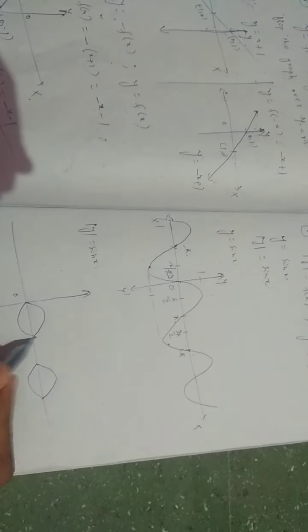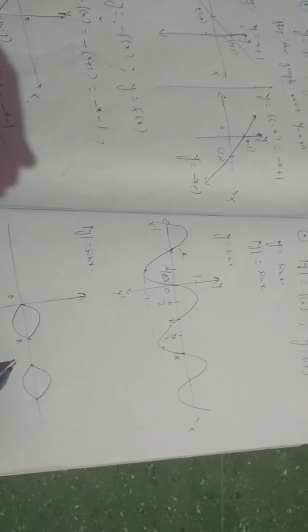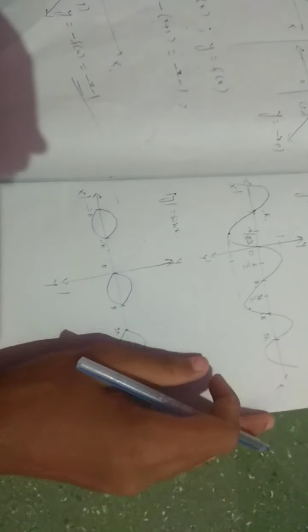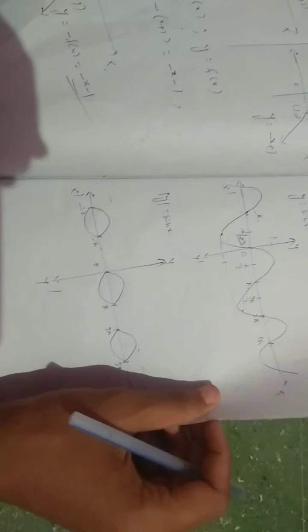I think it's 0, it's pi, it's 2 pi, and it's 3 pi. In a similar way, just neglect this part. This is minus pi, minus 2 pi, and so on. So this is what the graph of mod y equal to sin x. By knowing the graph of y equal to sin x, this is how we can draw the graph of mod y equal to sin x.